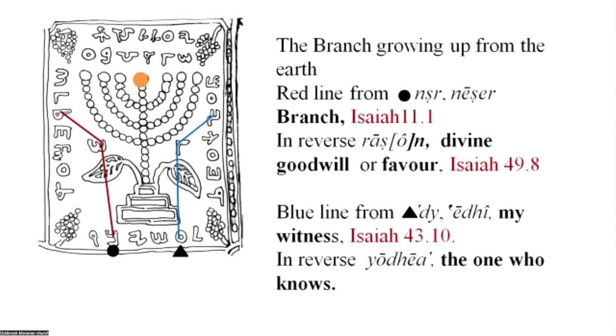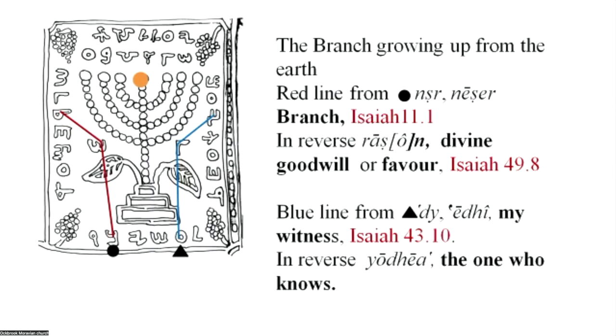The red line from the black dot grows up, and it grows up from the earth, and the red line says the branch. And in reverse, what comes down is divine goodwill or favor. The exact mirror image, the blue line, what goes up is my witness, and what comes down is the one who knows.